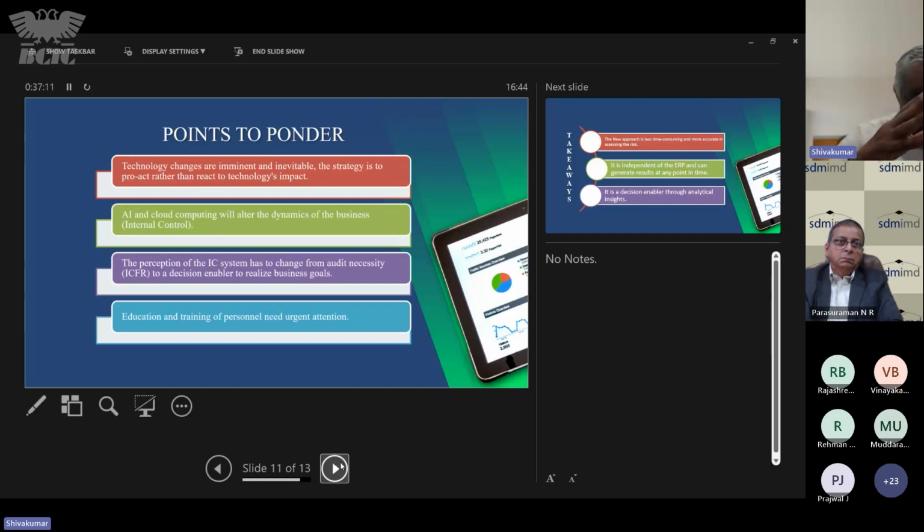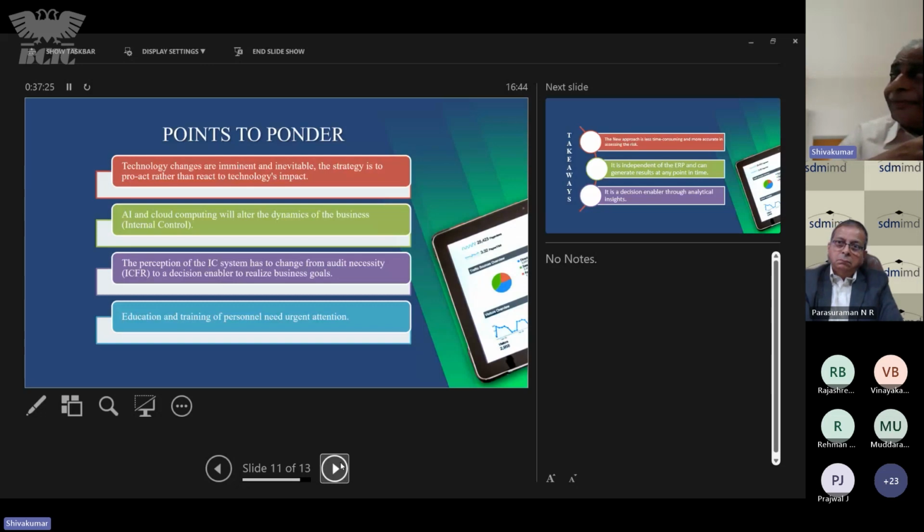The objectives of internal control are, one, on the operations, the other is on the reporting, where also we can be very confident. And the third one is on the compliance issues, like taxes and everything, which can also be done.